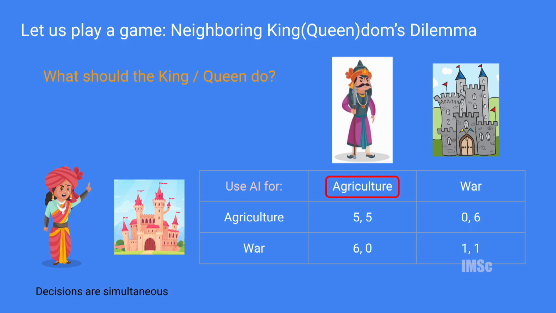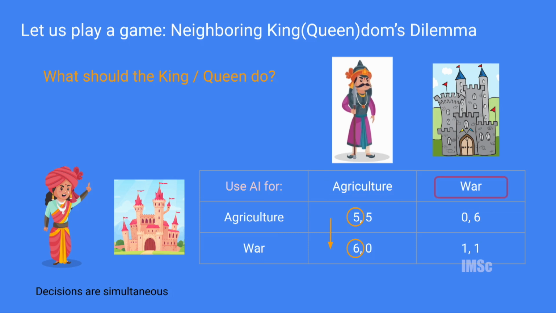So think about it in this way: suppose you are player 1, and player 2 chooses agriculture. Then your utility is 5 when you choose agriculture, and utility is 6 when you choose war. So clearly this is better, so you will always gravitate towards warfare.